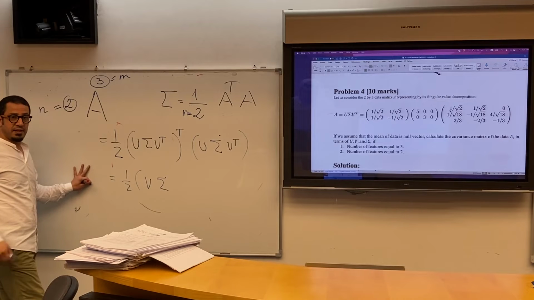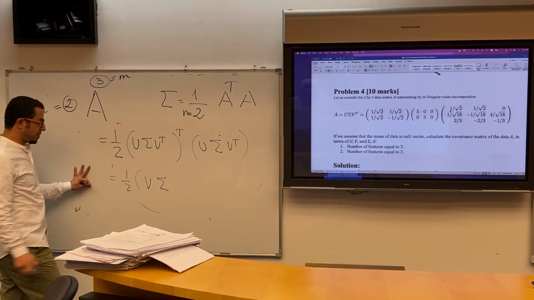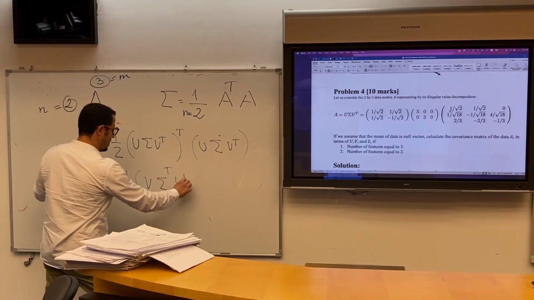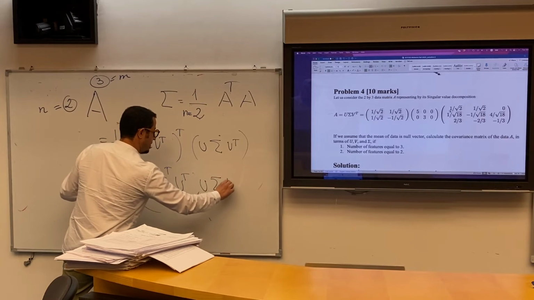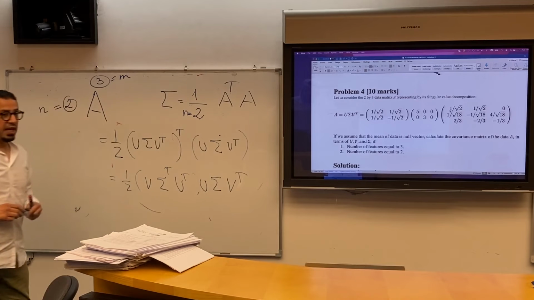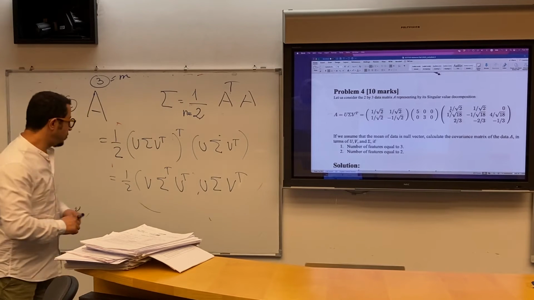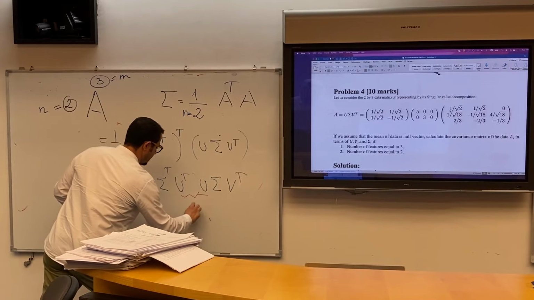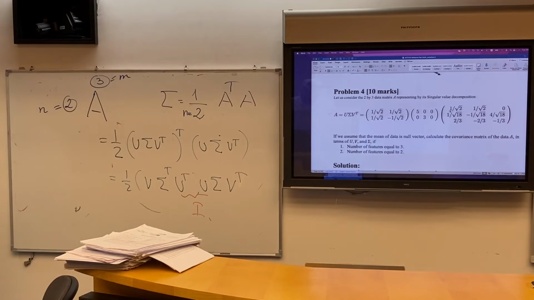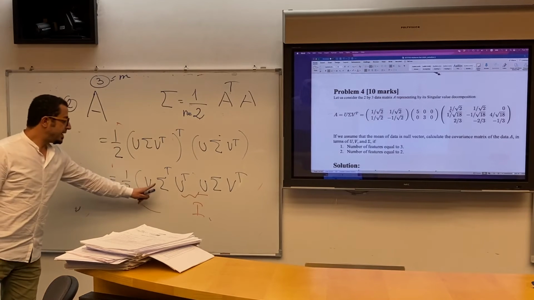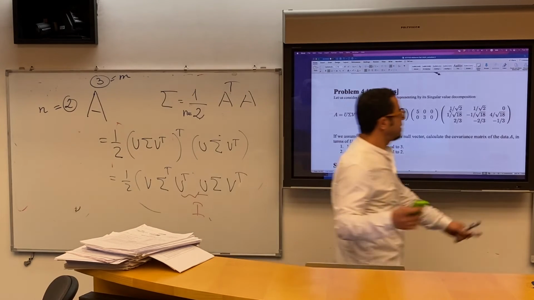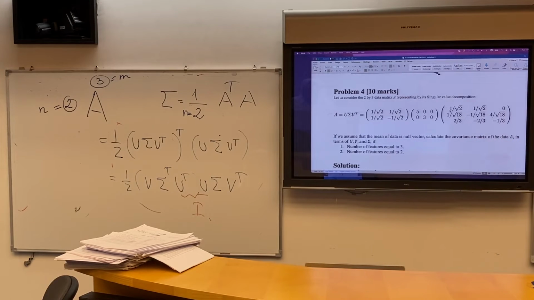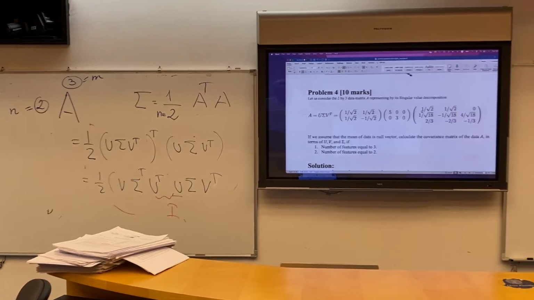Sigma is a diagonal matrix, so the transpose will be here: V sigma transpose U transpose times U sigma V transpose. And you can see here, if you do U transpose times U, it will be the identity matrix. You can check the calculations. Sigma transpose times sigma will be sigma square. V is I. That's it.